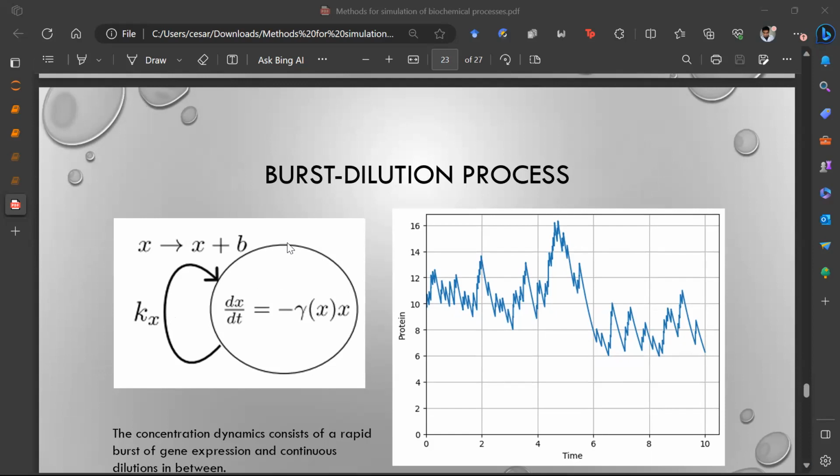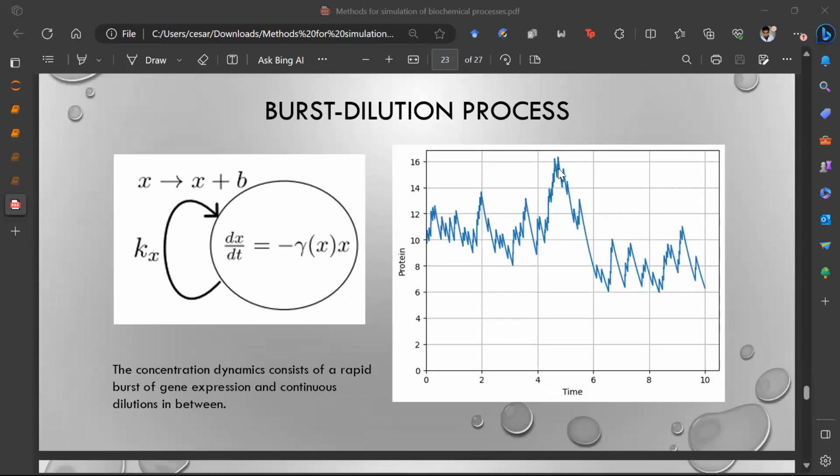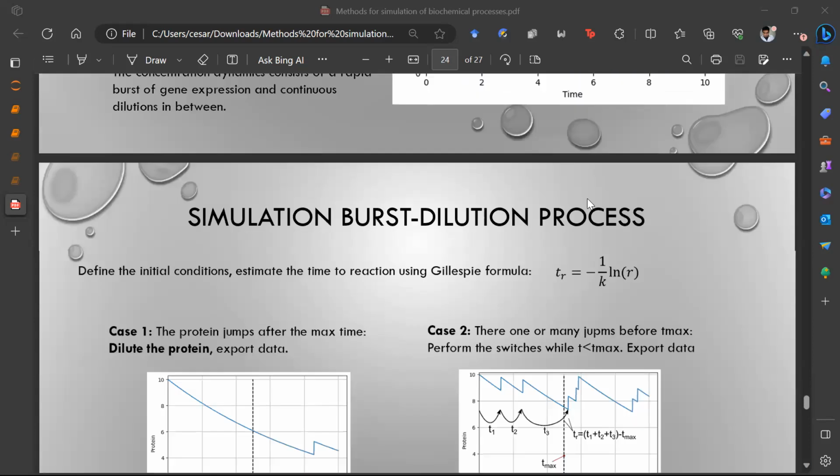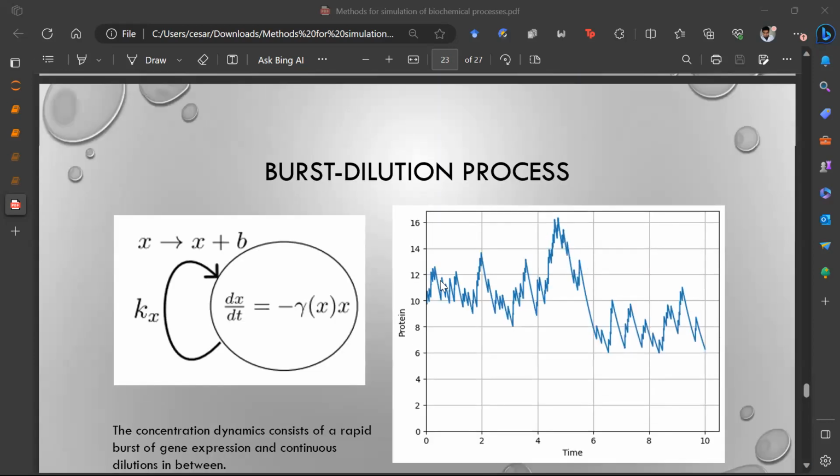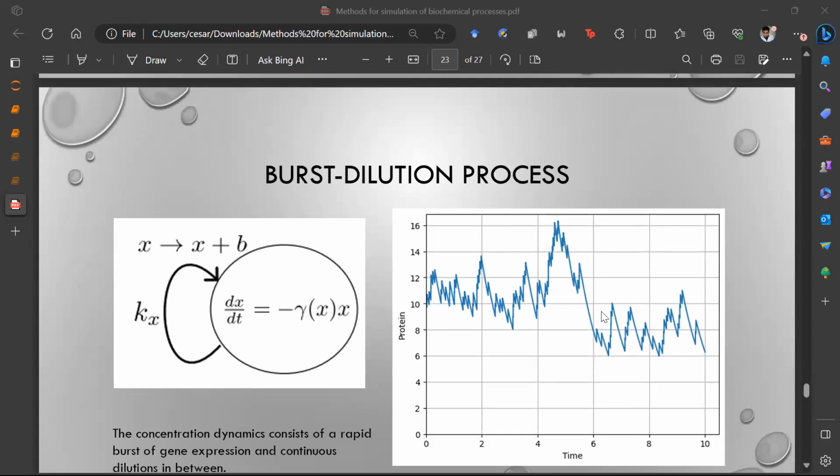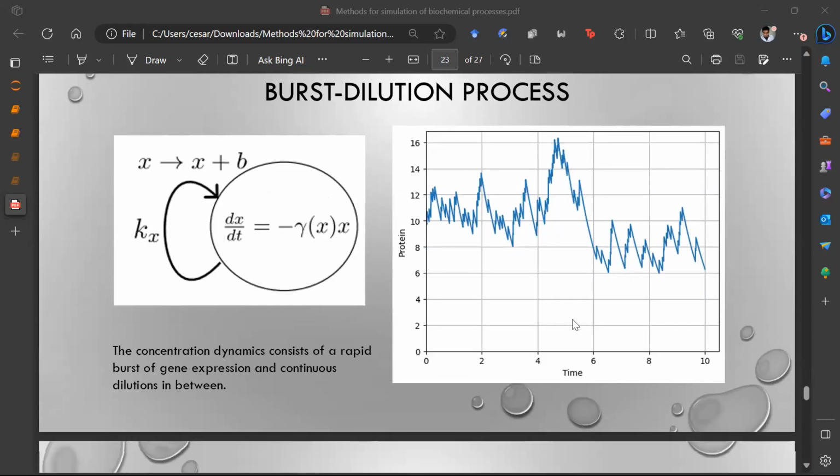In the previous one, we assumed that protein is proportional to concentration. So the protein has integer numbers, 1, 2, 3, 4, 5, etc. But here, the protein is a continuous number that can be any positive real number. So since it's continuous, you can define exponential degradation on it.